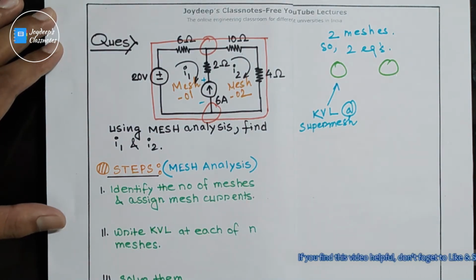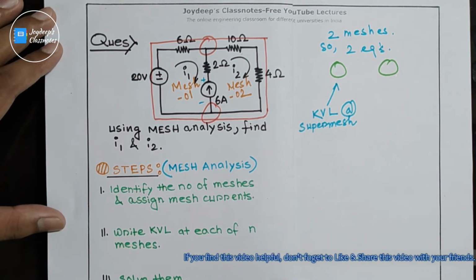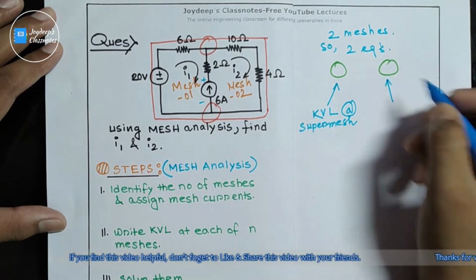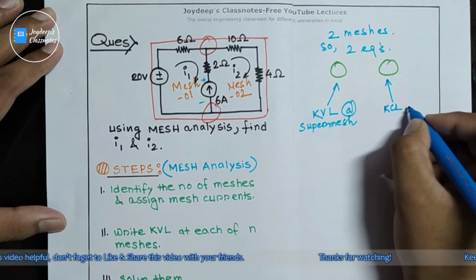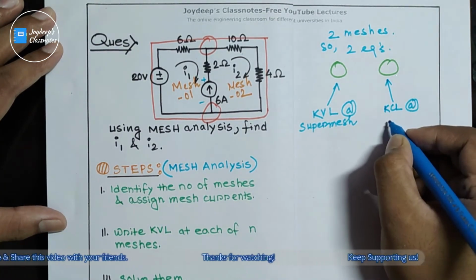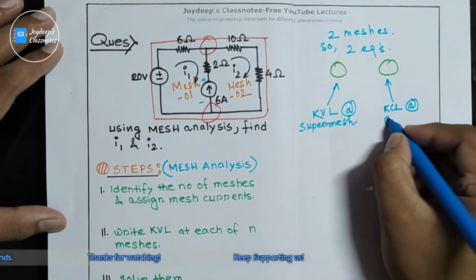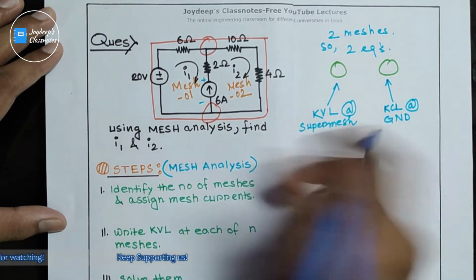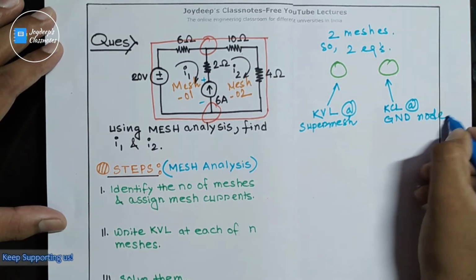So another equation will come from applying KCL at, let's say, the ground node. For this question we are taking this node, right?